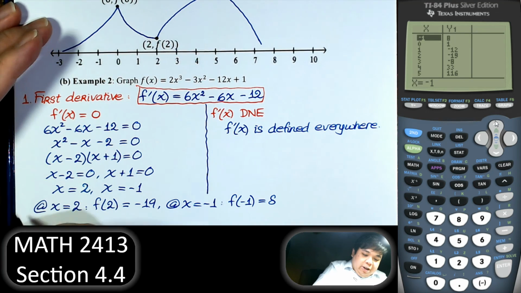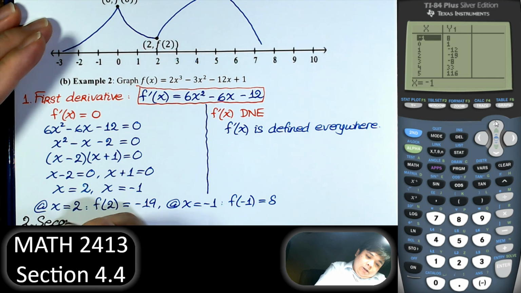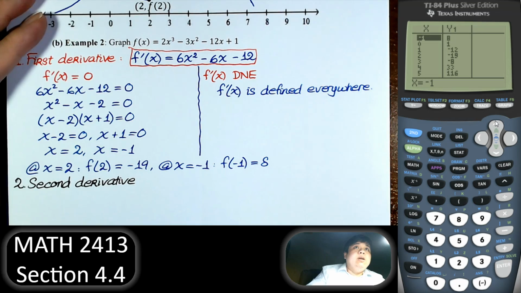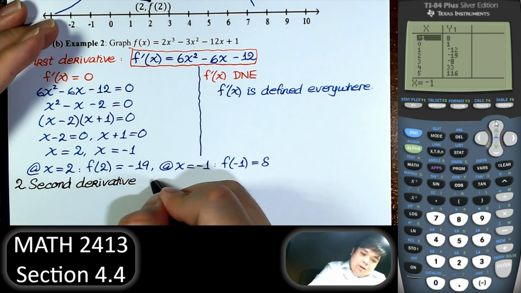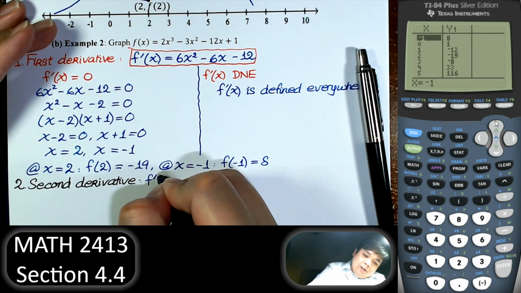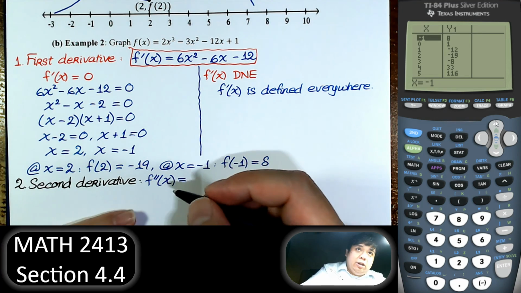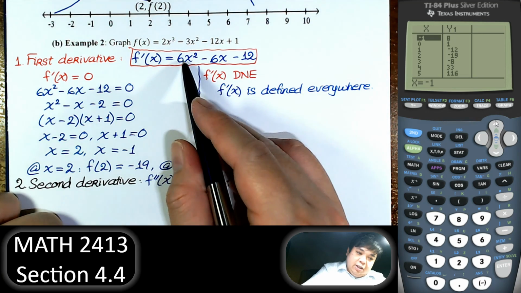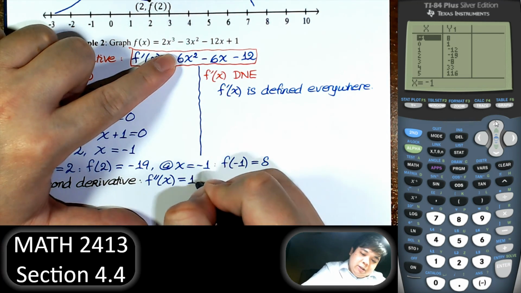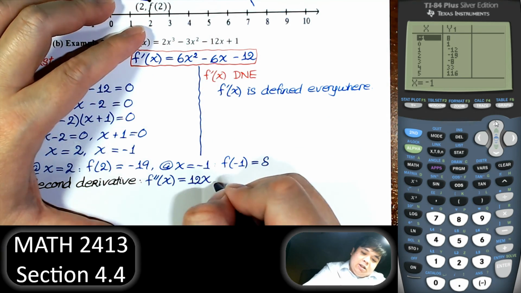Now we'll go to the second derivative. I'll take the second derivative. That is the derivative of the first derivative, which gives us 12x minus 6.